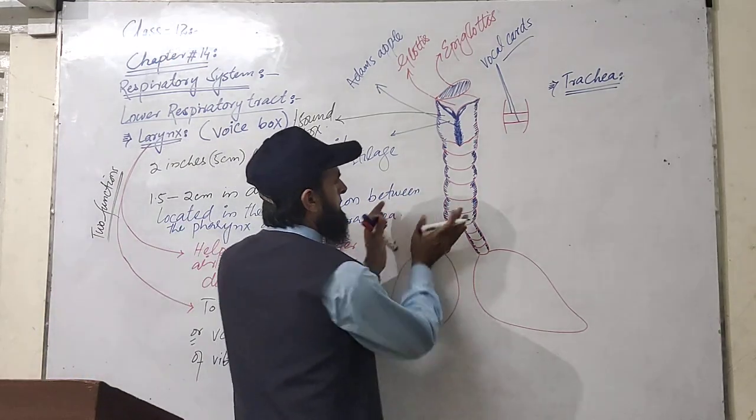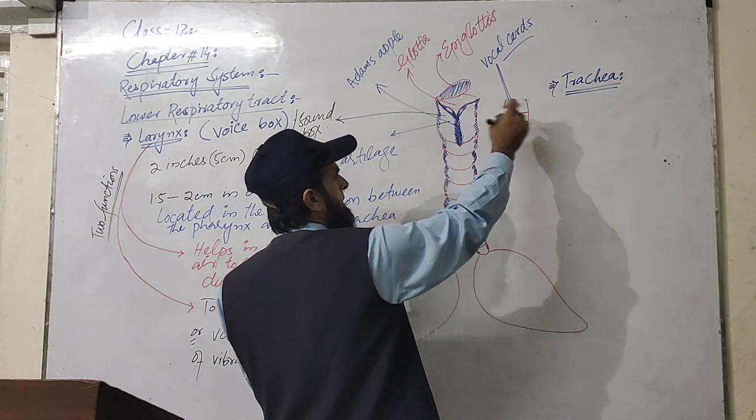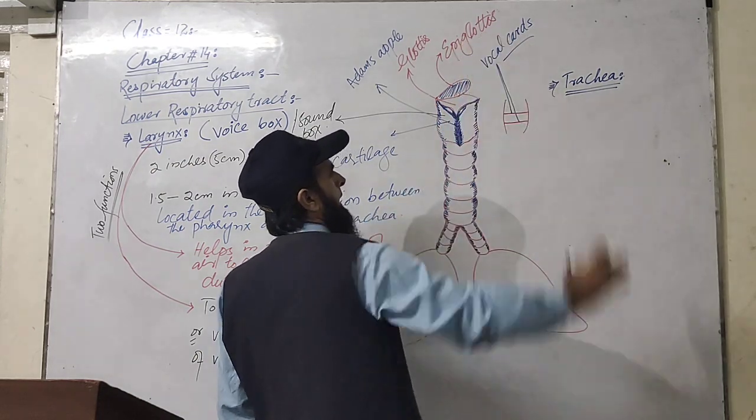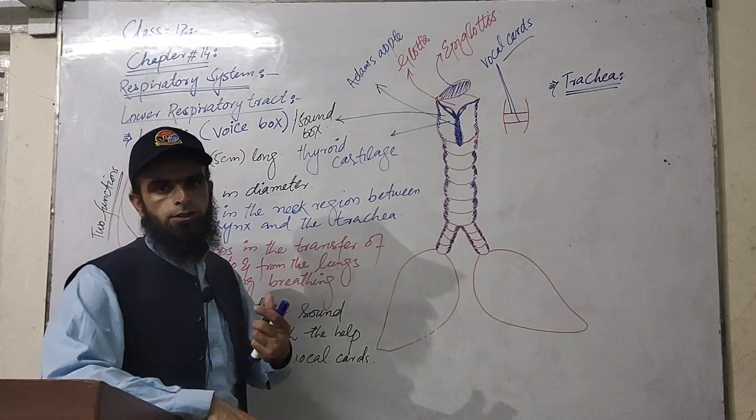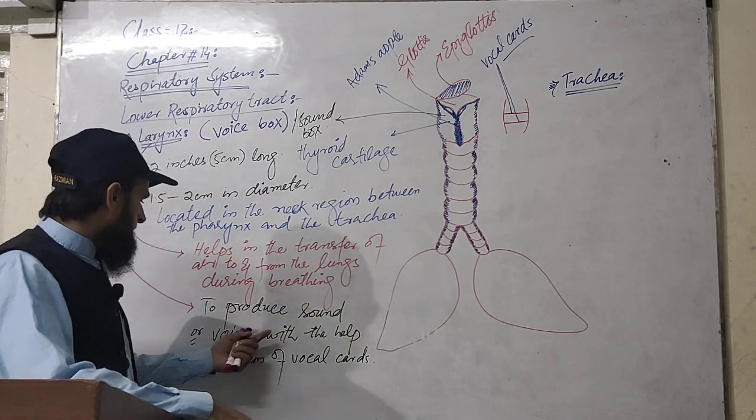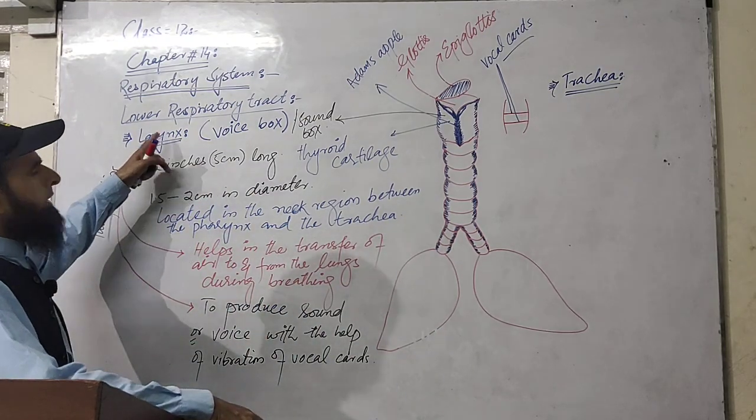When the lungs pump the air, that air comes here and vibrates the vocal cords present here, and it produces sound, and that sound is then converted into words. In this way voice or sound is produced, and that is the second function of the larynx.